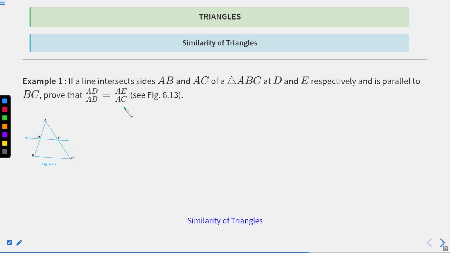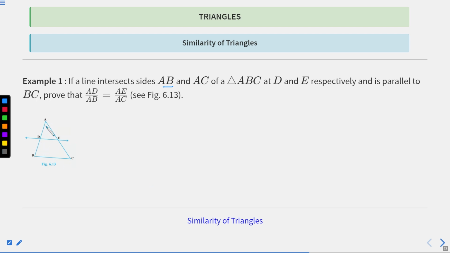In this example, it says, if a line intersects the sides AB and AC of a triangle ABC at D and E respectively, and is parallel to BC, then we have to prove that AD over AB is equal to AE over AC.